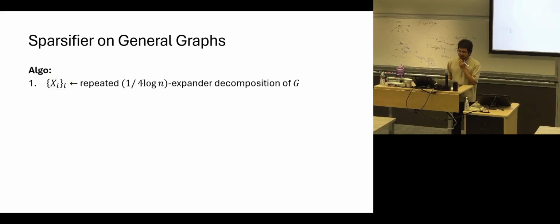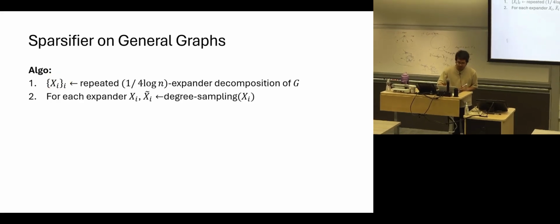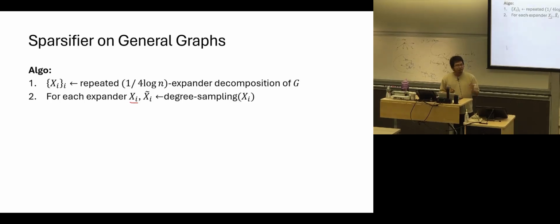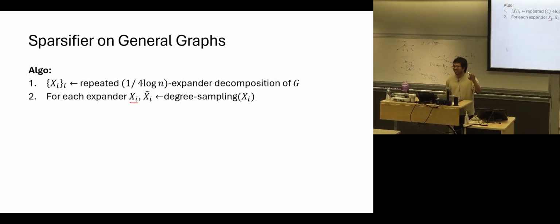Now, for each expander, we know how to sparsify it, so do that. Apply the degree sampling algorithm that we just saw to this expander.